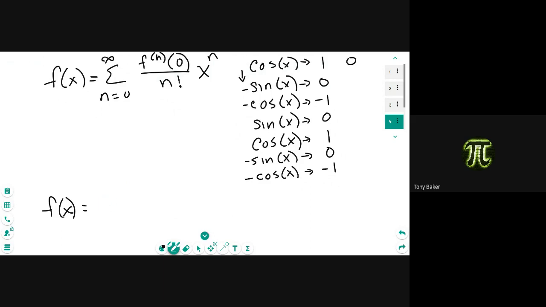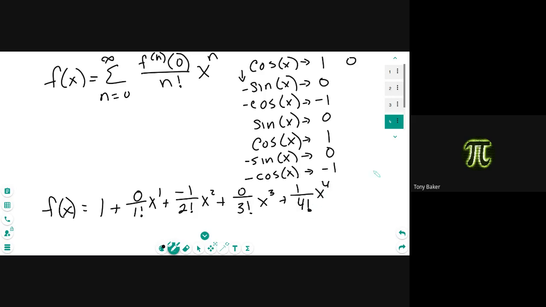So we've got 1 plus 0 over 1 factorial x to the first plus -1 over 2 factorial x to the second plus 0 over 3 factorial x to the third plus 1 over 4 factorial x to the fourth plus 0 over 5 factorial x to the fifth, and so on.